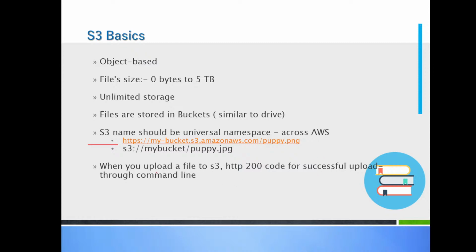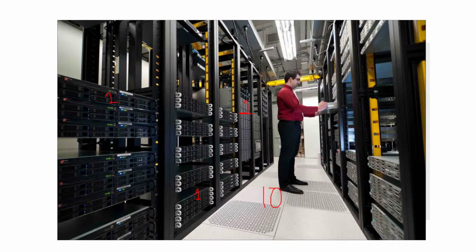Now whenever we are uploading or downloading a file, which protocol are we using? Amazon is using the HTTP protocol. Do you know what the HTTP protocol is?